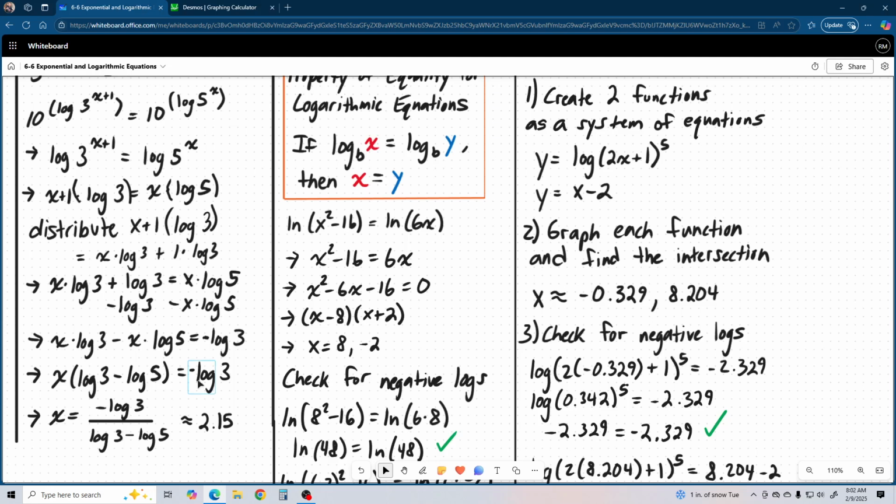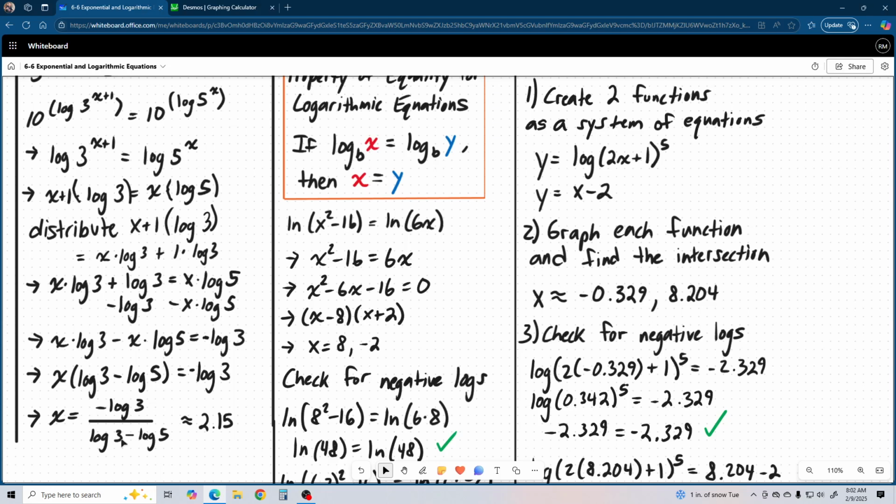And then, of course, that's going to equal our negative 1 times log 3. Now we have x times all of this equals this, so we can divide by all of this, right? And that'll leave us with just x. So if we divide both sides by log 3 minus log 5, right, which is what we do down here, then we can set everything equal to x. So our final answer will be x equals negative log 3 over log 3 minus log 5.